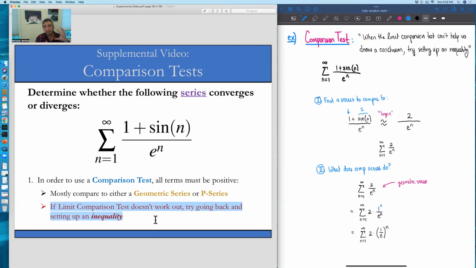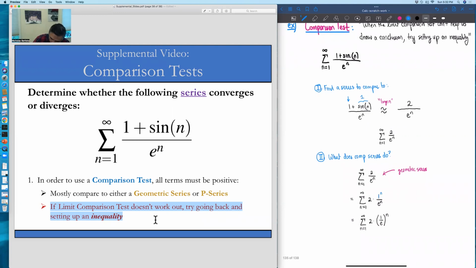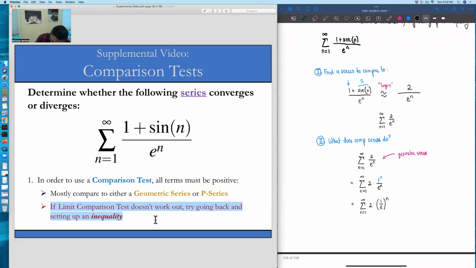And to get this into the real familiar geometric series form, we can factor out a 1 over e. So we have a 2 over e now, times 1 over e raised to the n minus first.